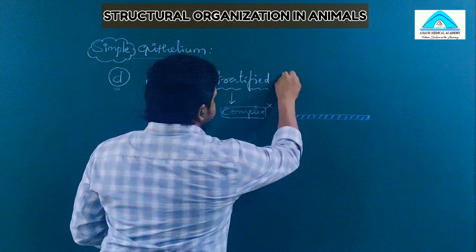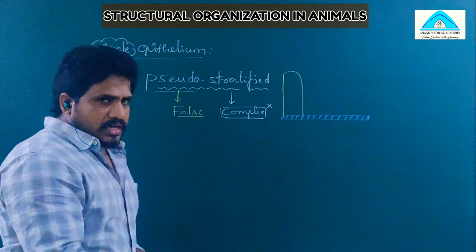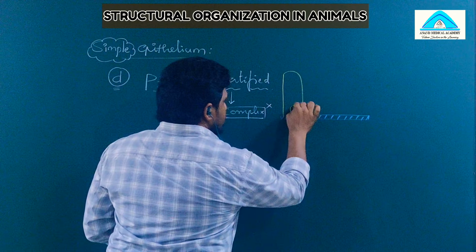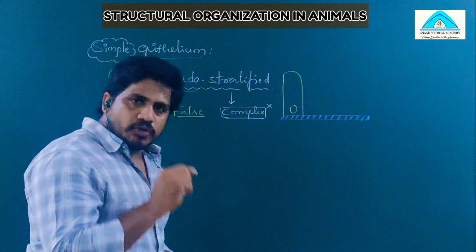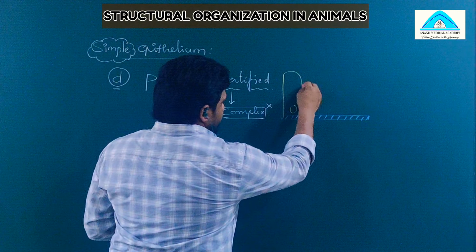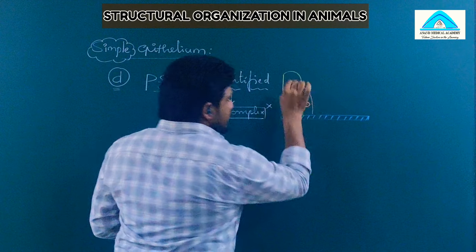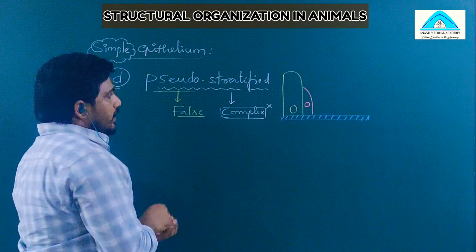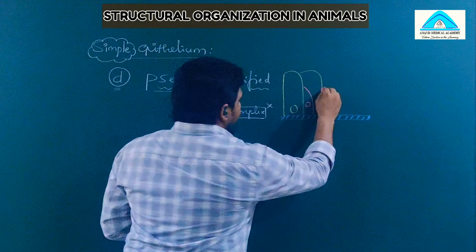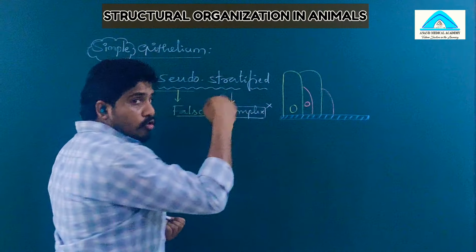On the basement membrane, generally columnar cells are present. Pseudo-stratified is another type of columnar. Generally in the columnar cell, the nucleus is oval in shape and located at the base, not central. The next type of columnar cell is very short compared to this, and here the nucleus is circular and central. Observe. Alternatively, another columnar cell is present that is long and slender, and the short columnar cell is present beside it, not over it.